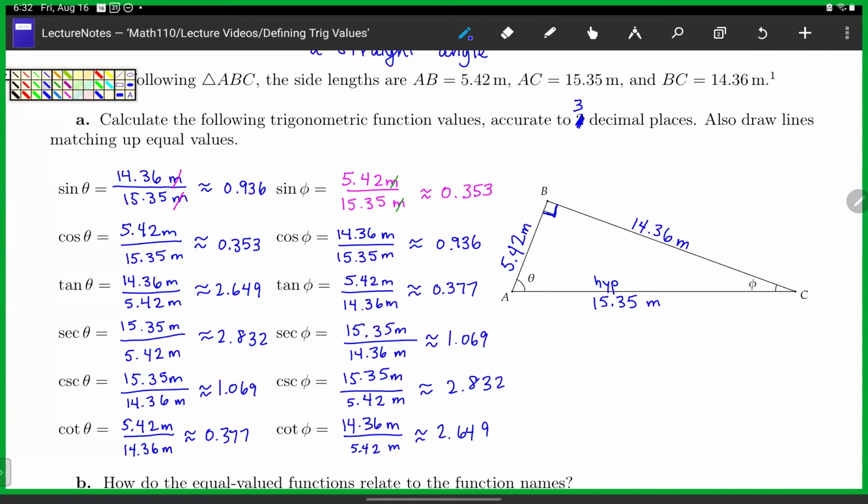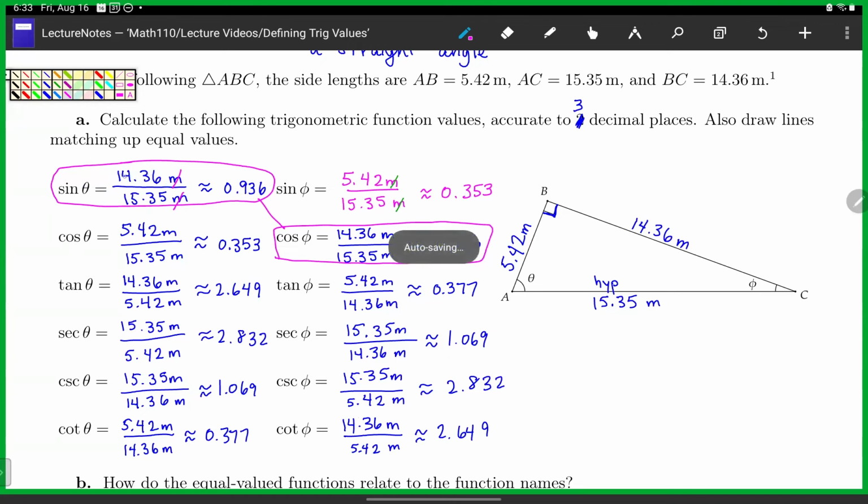I'm going to match up equal values basically by the fact that they are calculating exactly the same ratio. As an example, sine of theta and cosine of phi are the same values. Basically because both of them are something over hypotenuse, and sine is opposite over hypotenuse, but the opposite side of theta is the same as the adjacent side of phi.